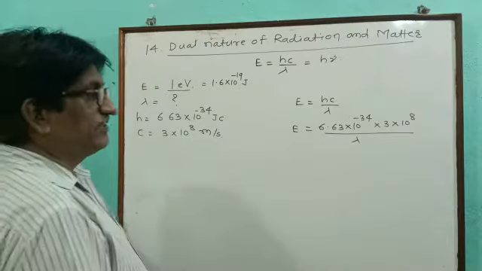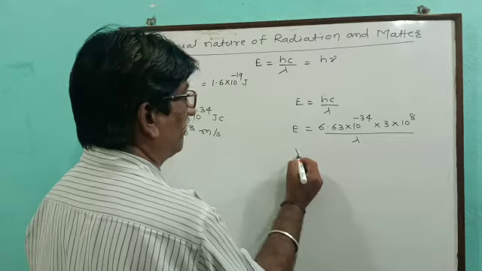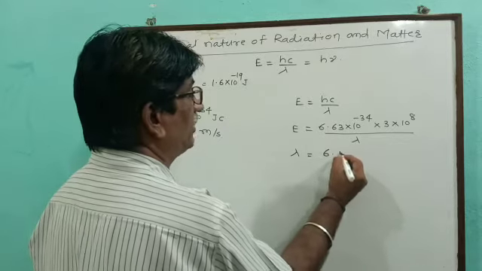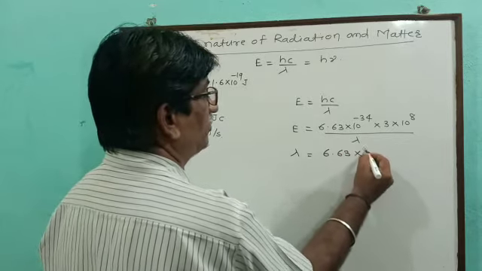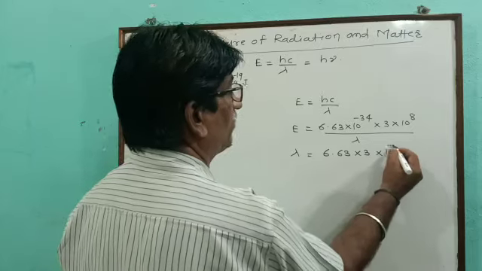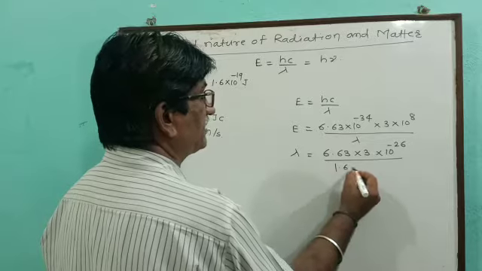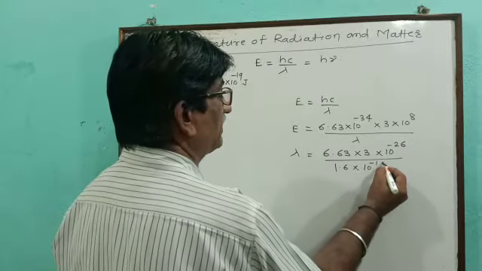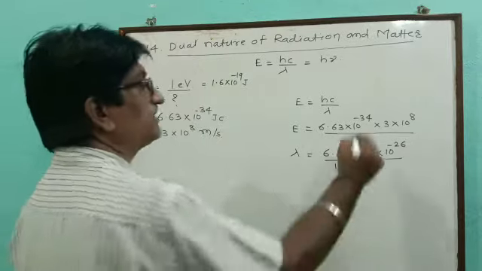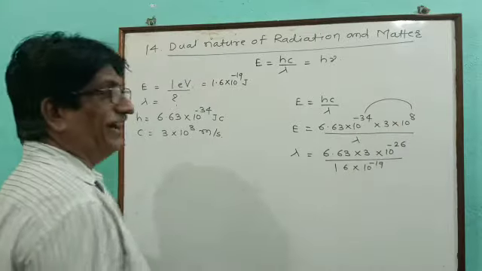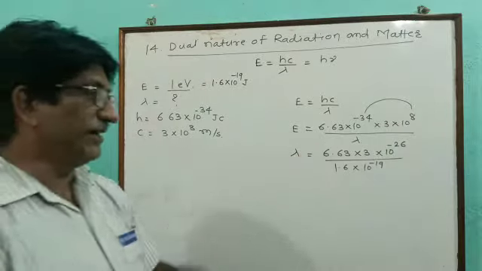So interchange the place of λ and E. So here λ = 6.63 × 3 × 10^-26 upon 1.6 × 10^-19, because here we can add, so it is minus 26.